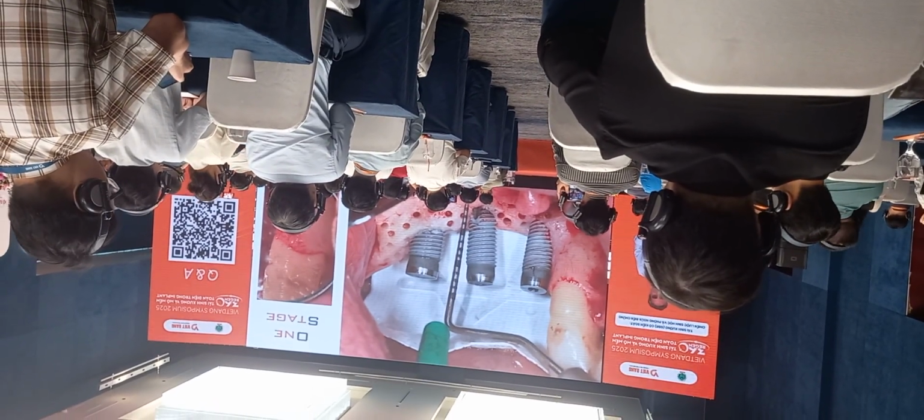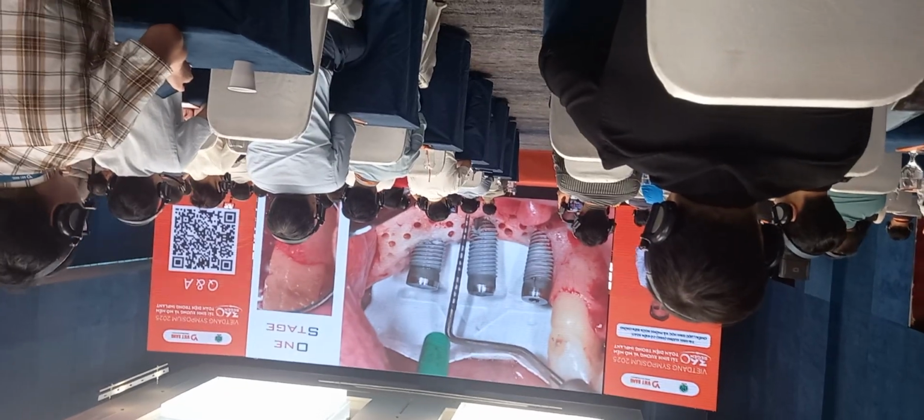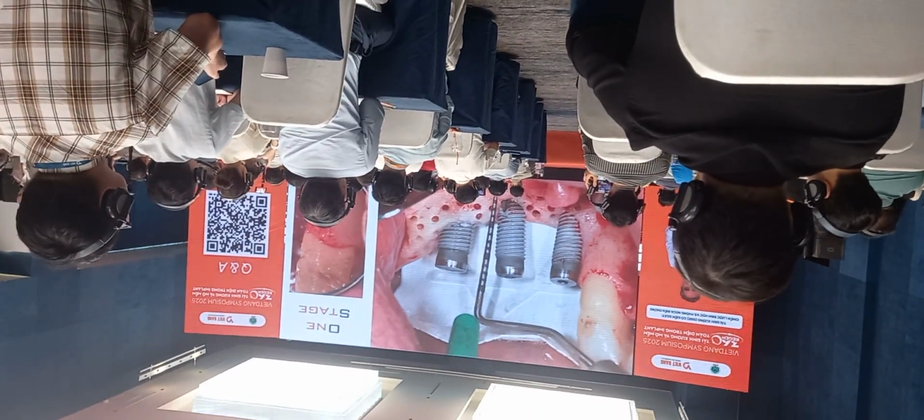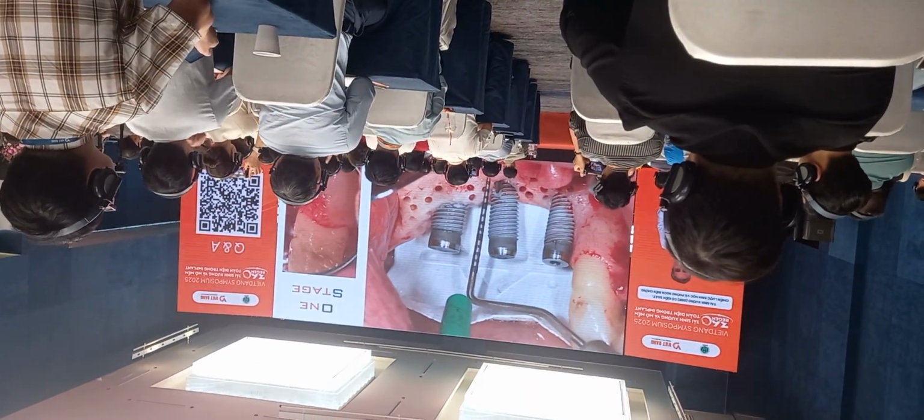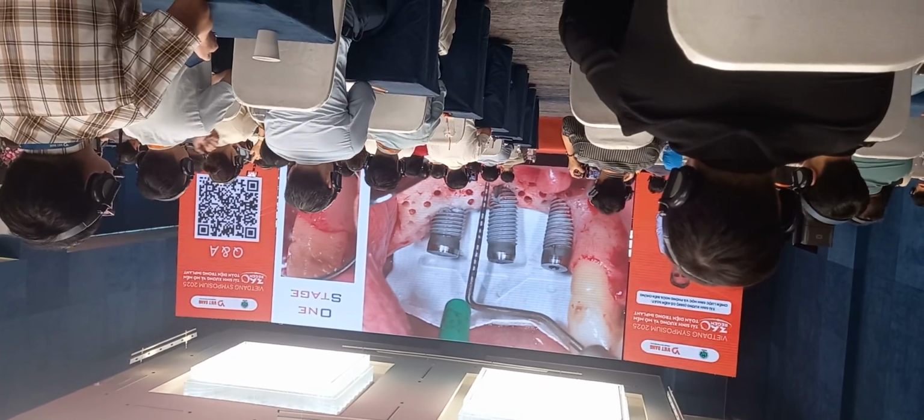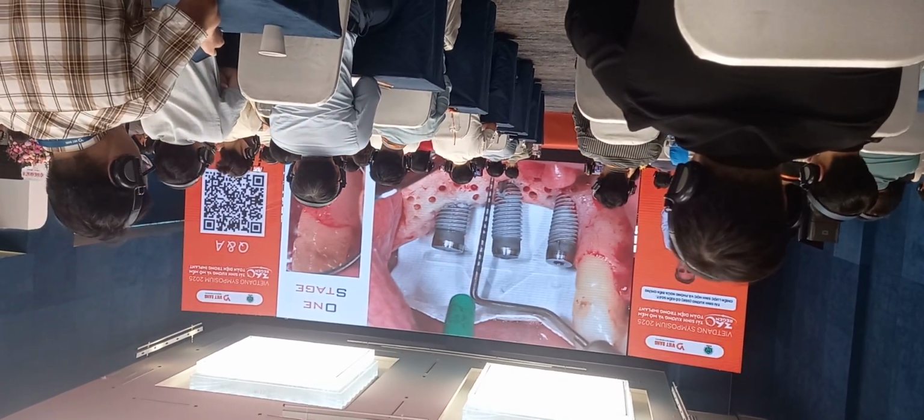Then we have to shape the membrane, the titanium reinforced membrane, and fix the membrane on the lingual side.